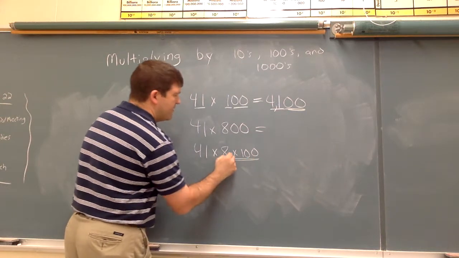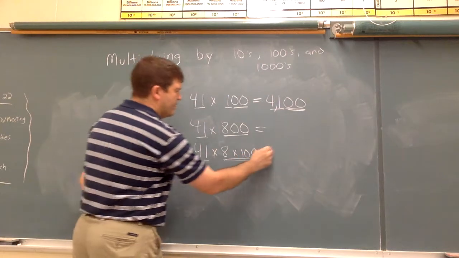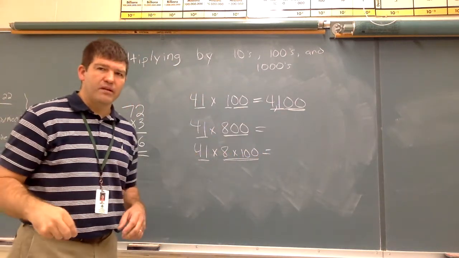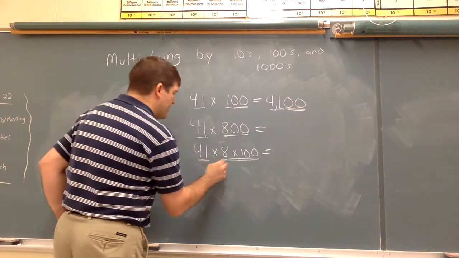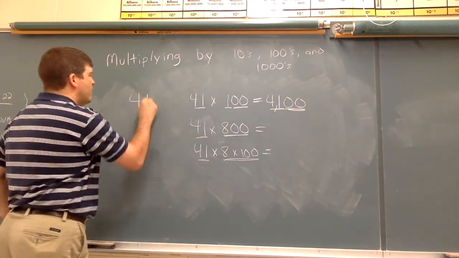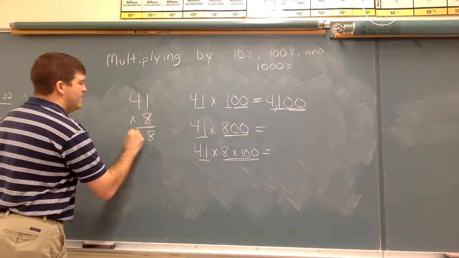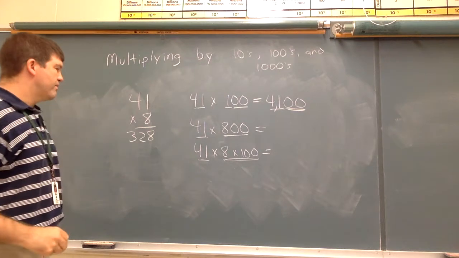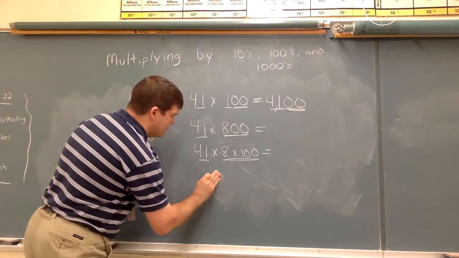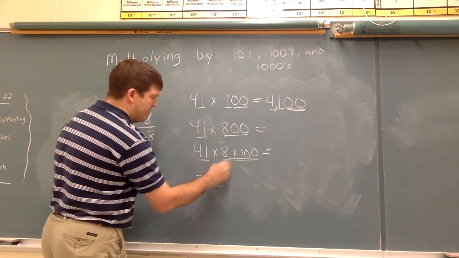Okay, so 8 times 100 gets me 800, 41, 41. So this is the same as this, it's just broken up a little bit. So I'm going to do 41 times 8 first. Come over here. Can't quite do that in my head. 8 times 1 is 8, 8 times 4 is 32. So 328. That's these.